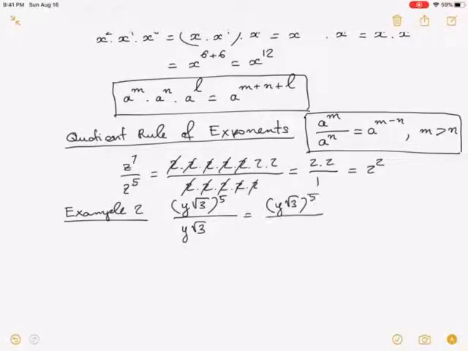It is the same to say that it is y square root of 3 to the power 5 over y square root of 3 to the power 1. So this is y square root of 3 to the power 5 minus 1, y square root of 3 to the power 4.